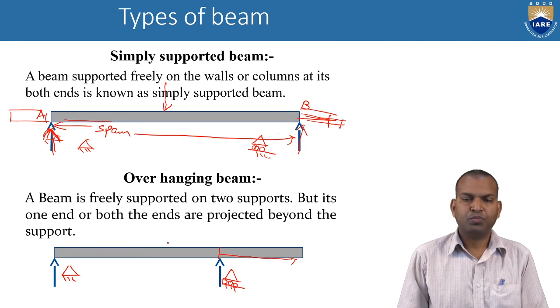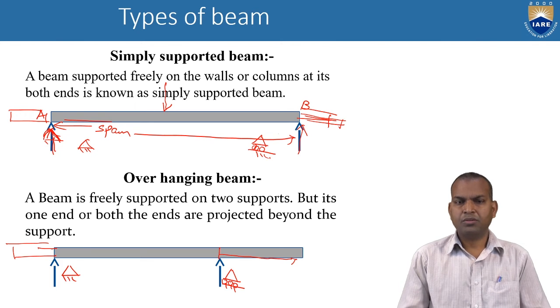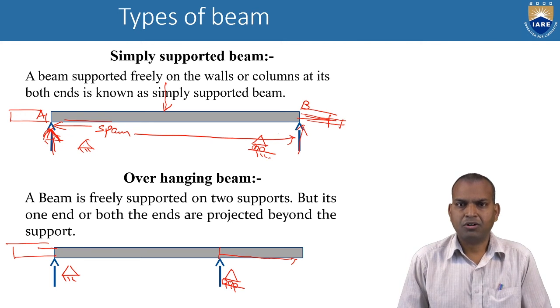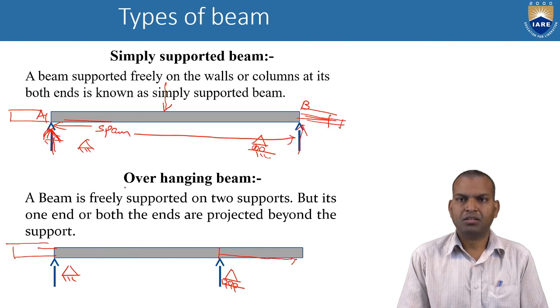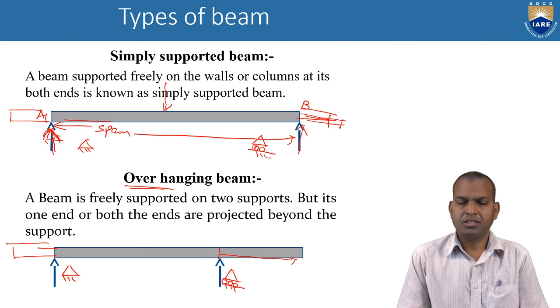Whether on the right side, the left side, or both sides, that beam is known as an overhanging beam. The meaning itself defines a beam having extra overhang. If the beam is supported exactly at the ends, it is called a simply supported beam.